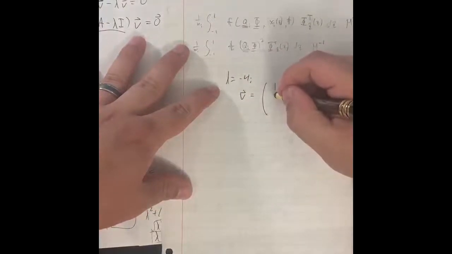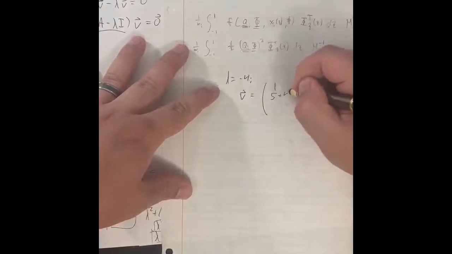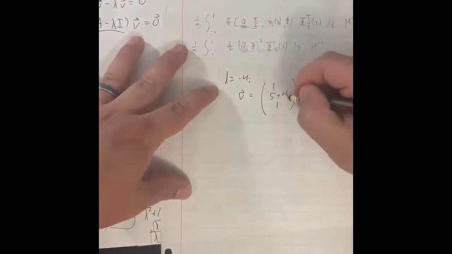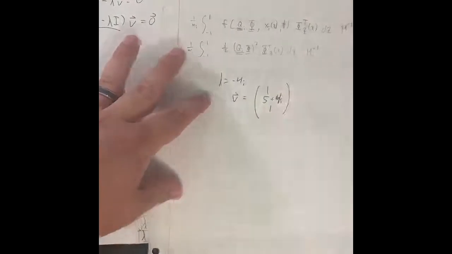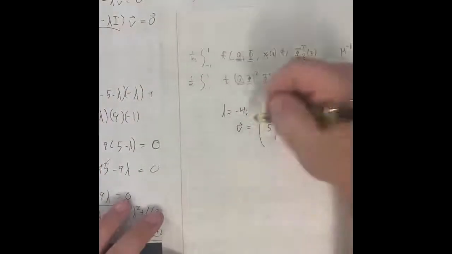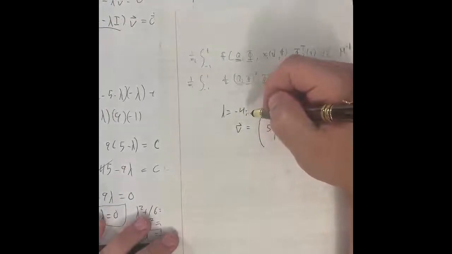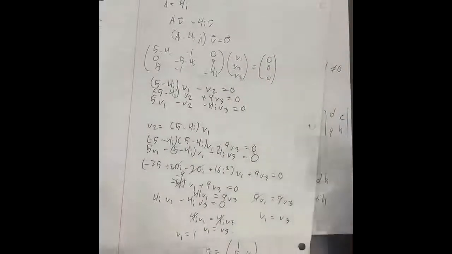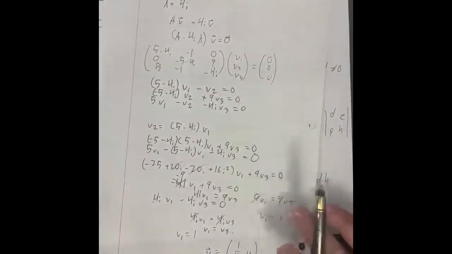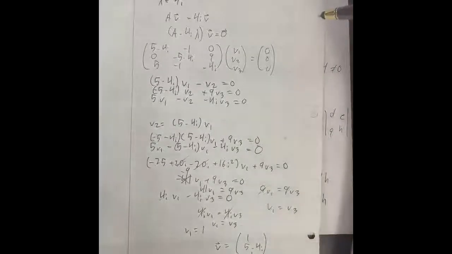So instead of 5 minus 4i, it's going to be 5 plus 4i, 1, 1. So that's the eigenvector for the minus 4i eigenvalue. When we have complex eigenvalues, we only have to find the one eigenvector, and then we already know what the eigenvector for the other eigenvalue is.